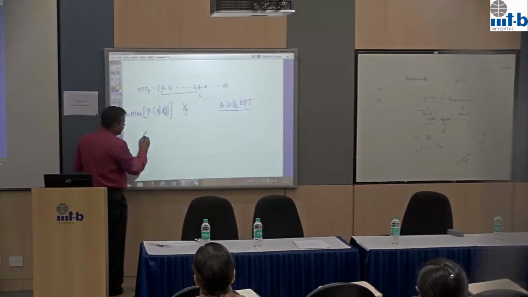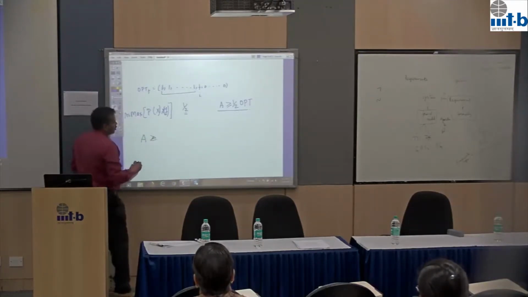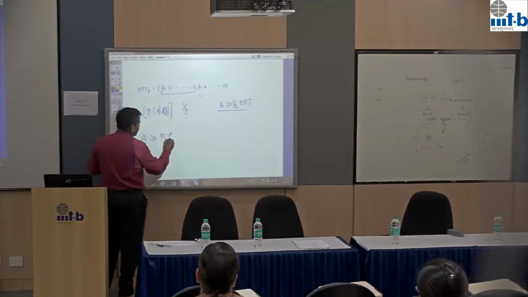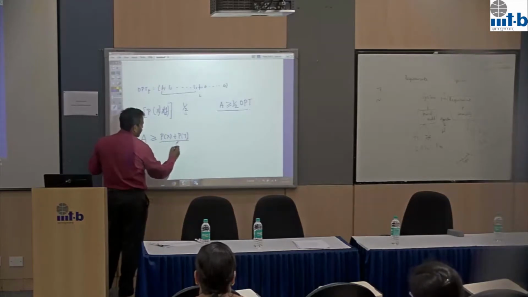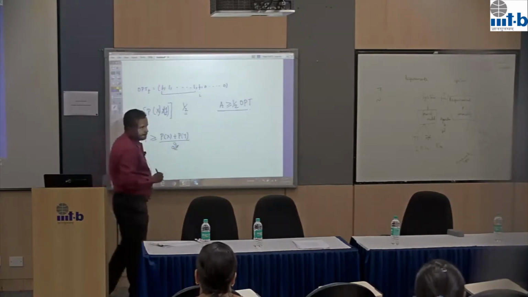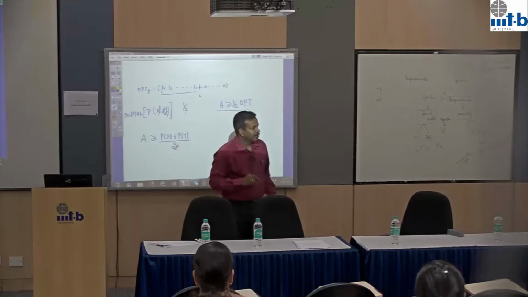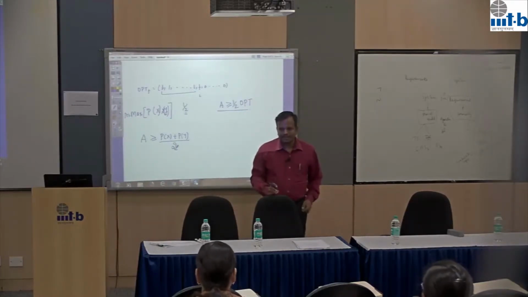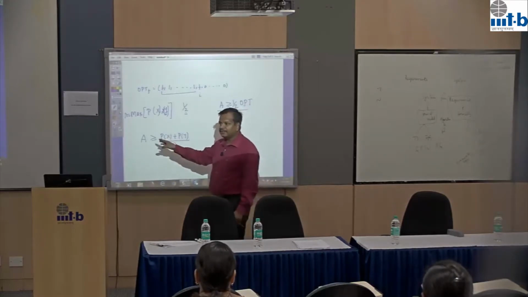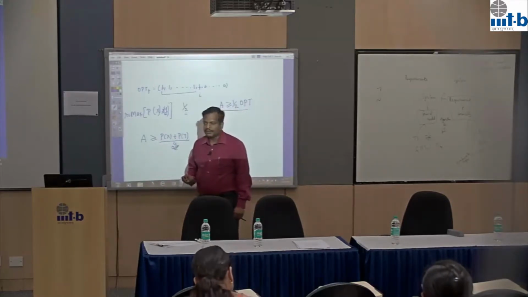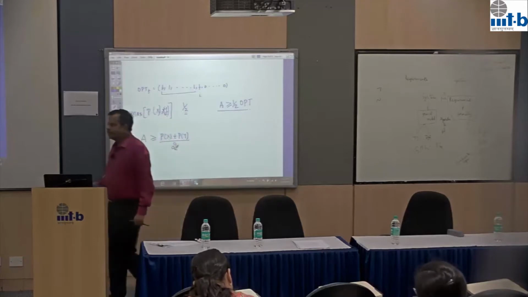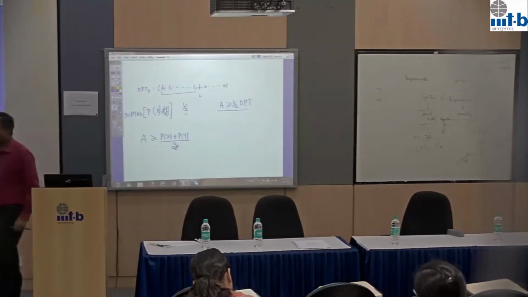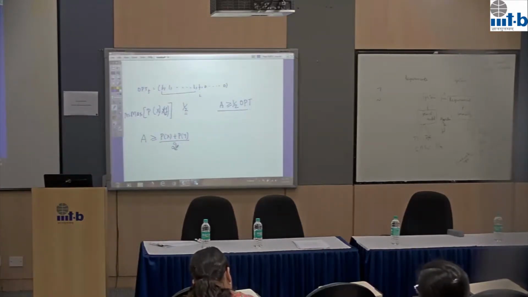The solution that I get, A, is certainly greater than or equal to P of x plus P of y divided by 2. Why is this? I am taking the average on both sides, and what I have on the left hand side is the max of these two. So the max of numbers A and B should be greater than or equal to the average, right?